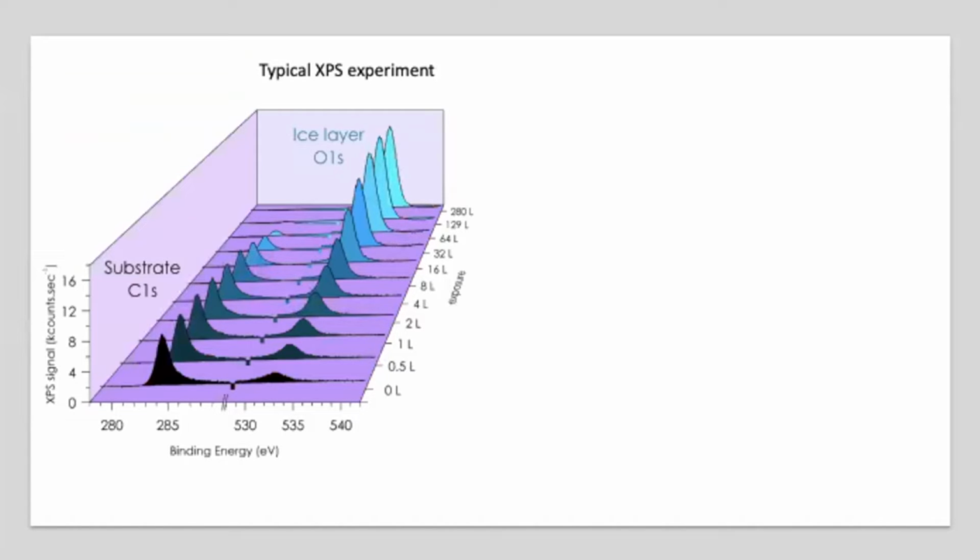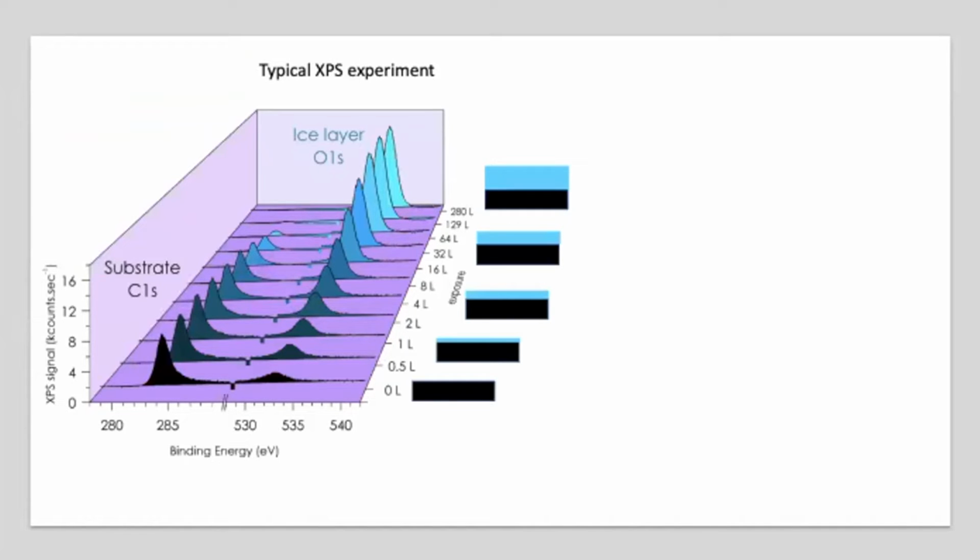So a typical XPS experiment provides us with a substrate signal. In the carbon case, we have a carbon peak at 285 electron volts, and an oxygen peak that increases, which corresponds to the growth of the ice layer as a function of the water exposure.